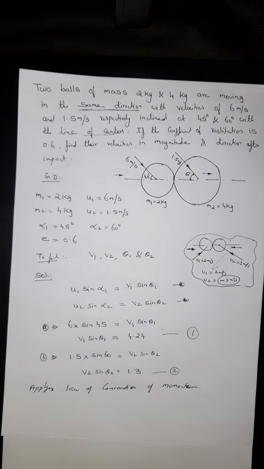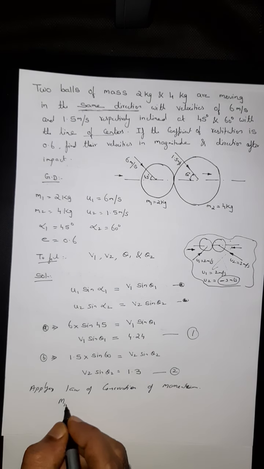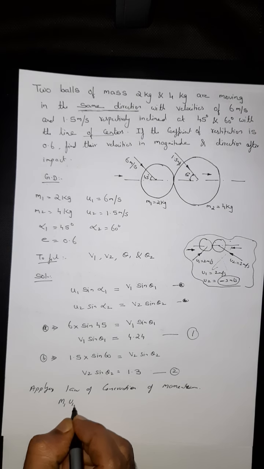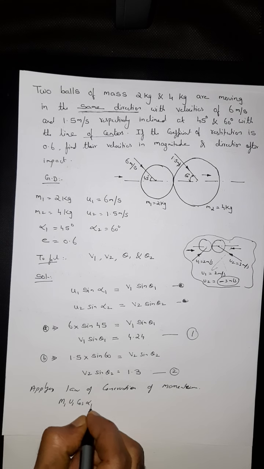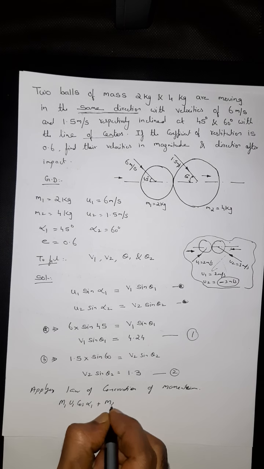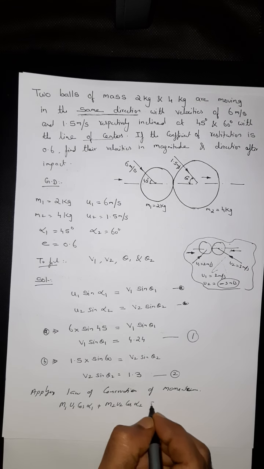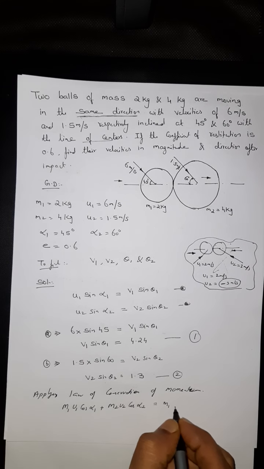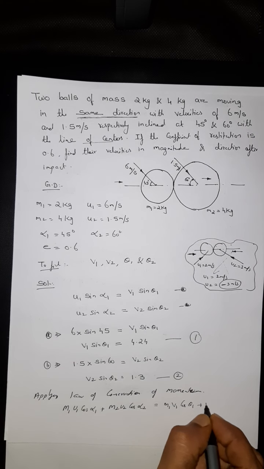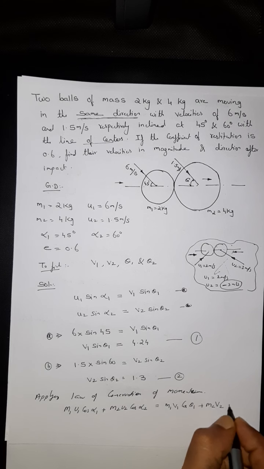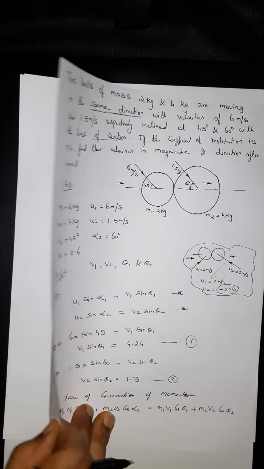What it says is that the total initial momentum, which is m1 u1 cos alpha 1, since it is inclined, plus m2 u2 cos alpha 2, the corresponding horizontal component, equal to m1 v1 cos theta 1 plus m2 v2 cos theta 2. Fine.